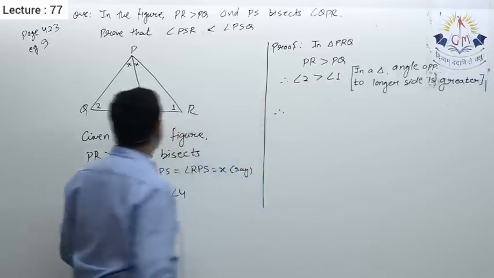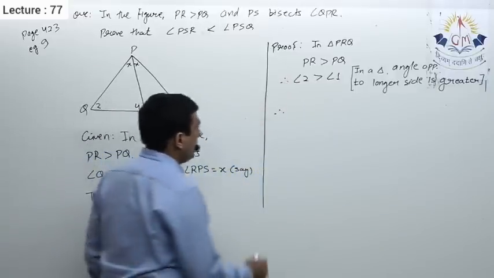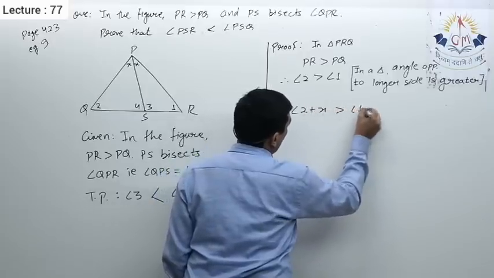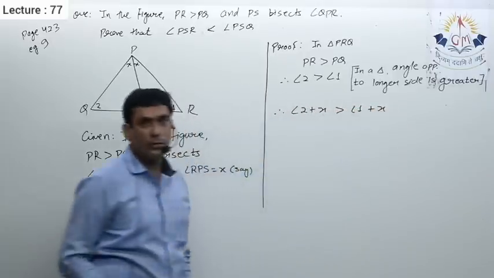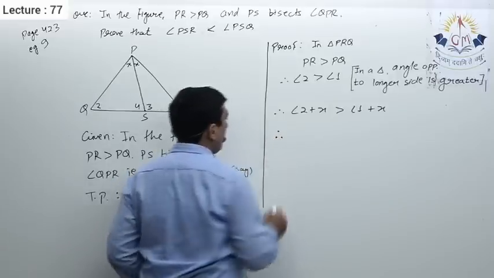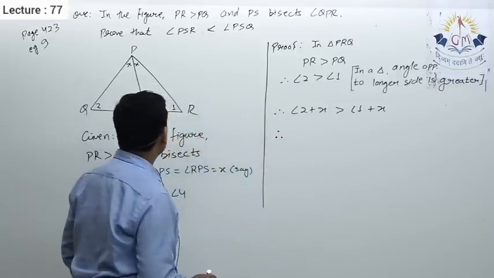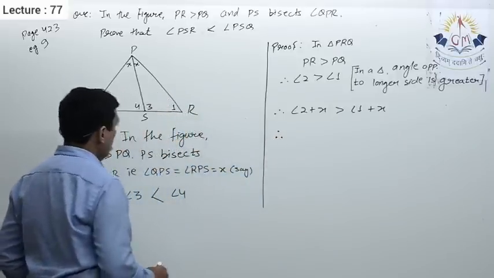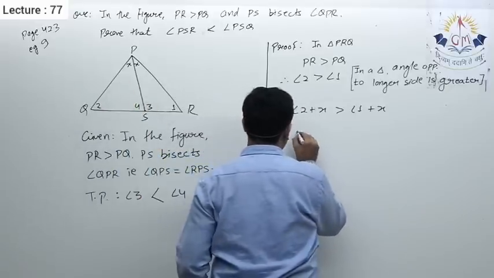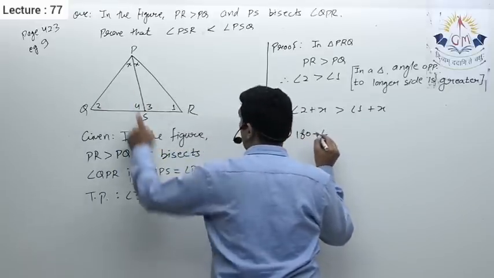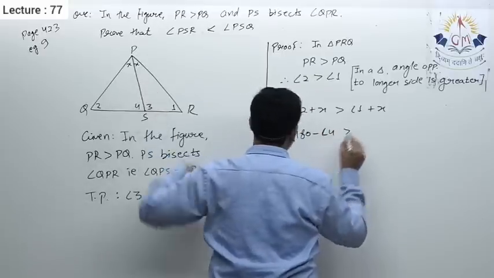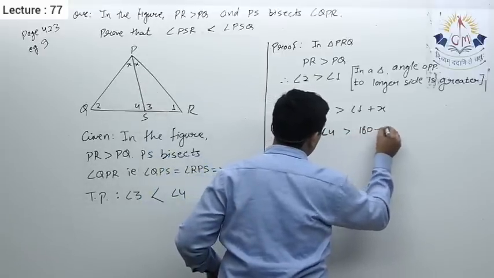Now we have to find a relation between angle 4 and angle 3. So here I can write angle 2 plus x is greater than angle 1 plus x, adding x on both sides, so the inequality will remain as it is. Now 2 plus x can be written as 180 minus angle 4, and 1 plus x can be written as 180 minus angle 3.